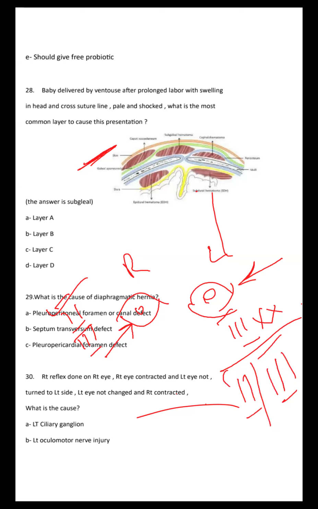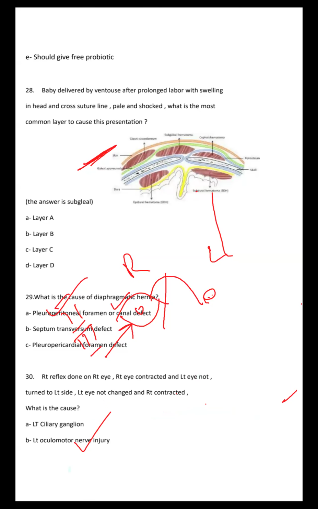I said maybe both are involved. Then I look at the right side. The right side is contracted. Why did the right eye contract? It means that the optic nerve is okay, which is why it is giving signals to the right eye. So both tests confirm that only the third nerve of the left side is involved. So, left oculomotor nerve injury. I think that is clear. If not clear, you can ask quickly.